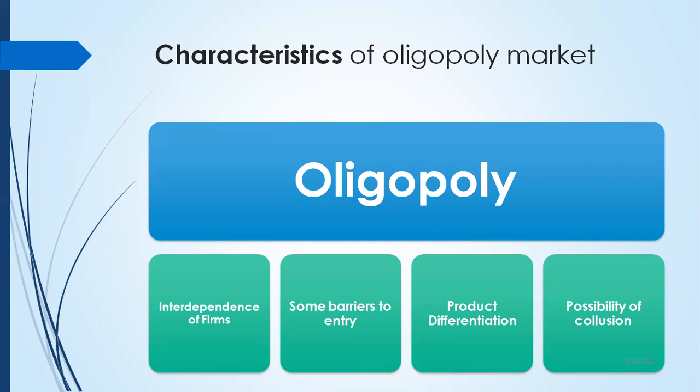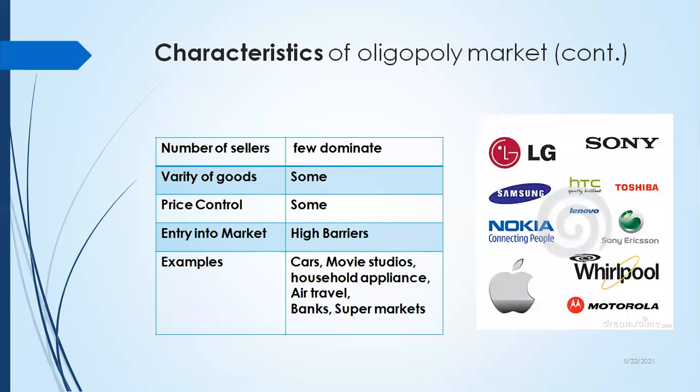Characteristics of an oligopoly market: interdependence of firms, some barriers to entry, and product differentiation with the possibility of collusion. Here we are going to talk about more examples regarding these characteristics. The number of sellers is few in this market, with variety of goods and price control.